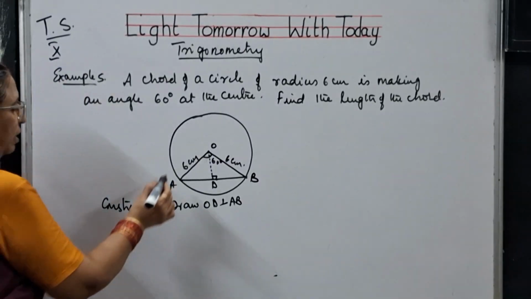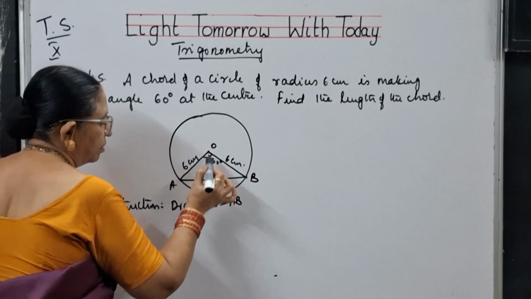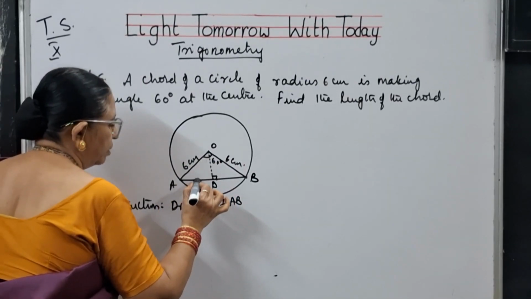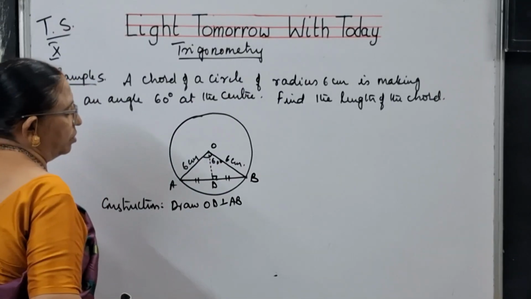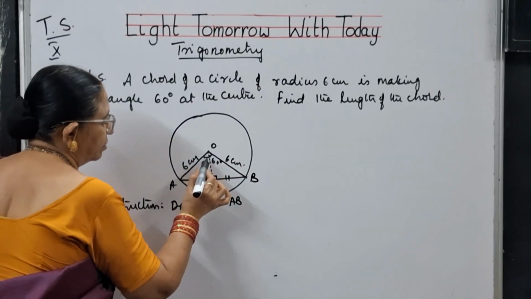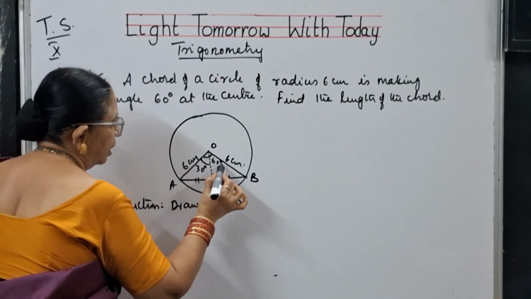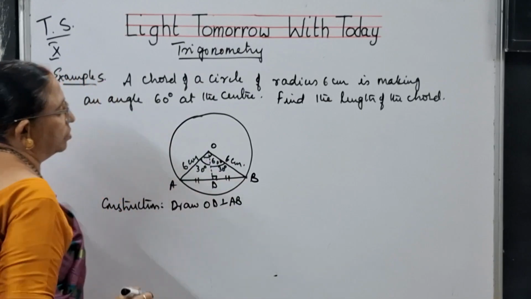So since it is an isosceles triangle, median means OD, altitude is also OD. That means AD and DB are two halves. And it divides this angle. This angle becomes 30 degrees and this angle becomes 30 degrees.